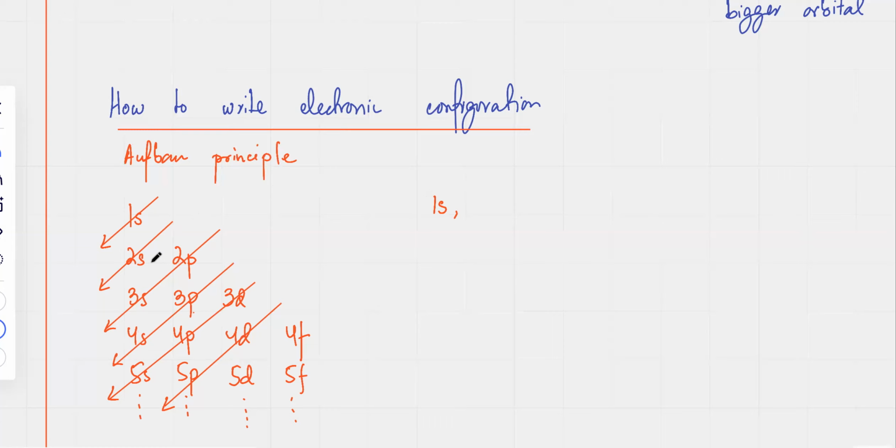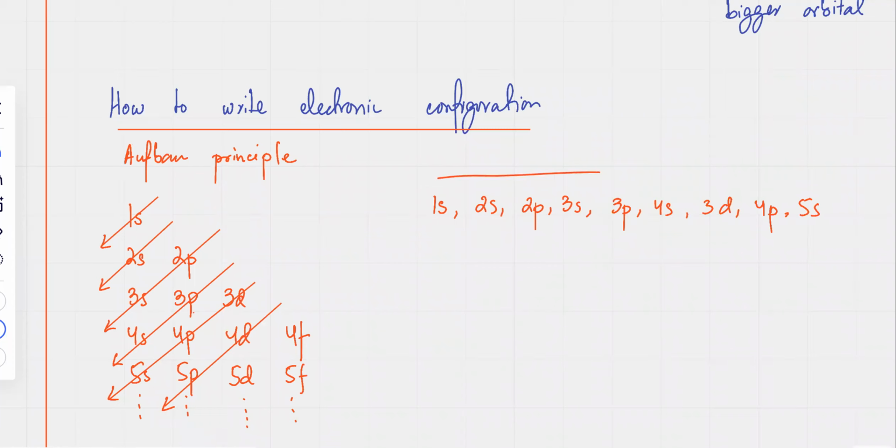Then there's a 2s subshell, followed by 2p and 3s. After 3s, there's 3p and 4s. And after 4s, there's 3d, 4p, 5s, and so on. This is what you're going to use to fill the electronic configuration.